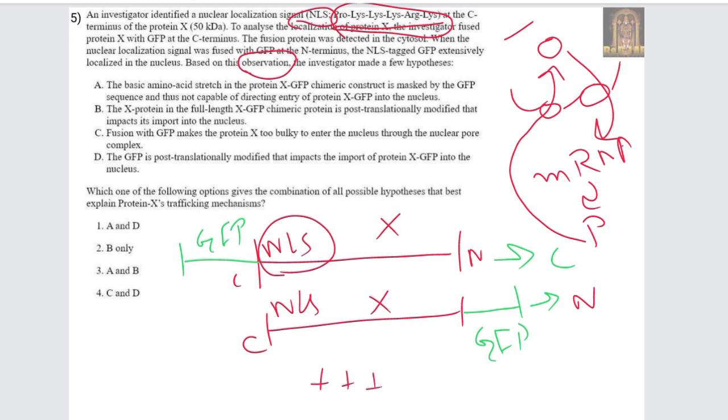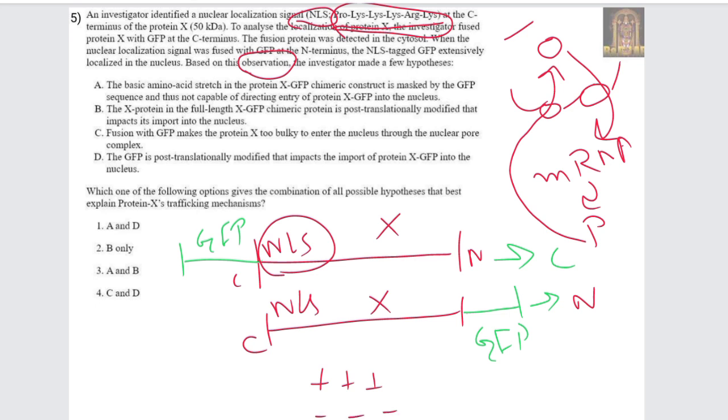But the importing protein, which is responsible for importing it inside the nucleus, has a specific amino acid sequence that is acidic in nature, and at physiological pH it produces a negative charge.